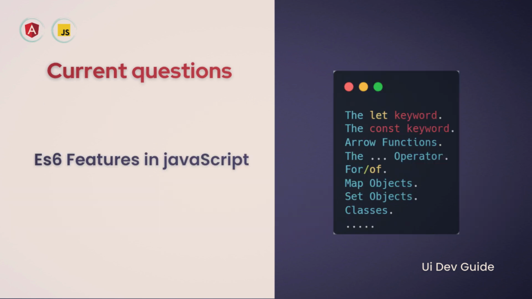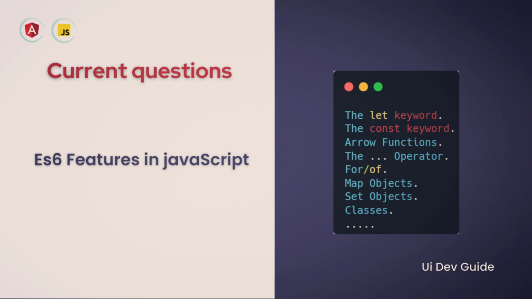Okay. So tell me now, what ES6 features do you know? Arrow function. Any other? Arrow function and also ES6 features, right?